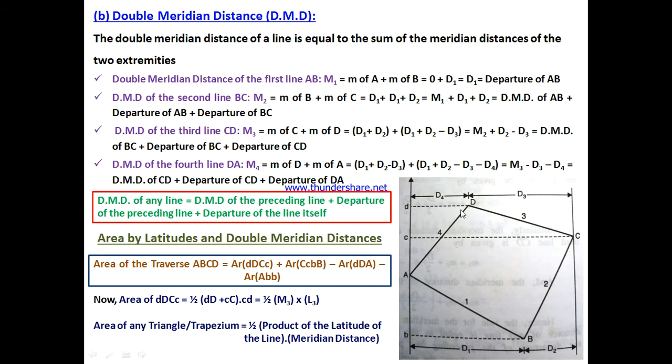The double meridian distance for line AD will be equal to the double meridian distance of point D plus that of point A. To determine the meridian distance of D, we need to cover AB, BC, then CD, and only then can we reach point D. So for D the meridian distance will be D1 plus D2 minus D3. And for A it will again be D1 plus D2 minus D3 and then minus D4.